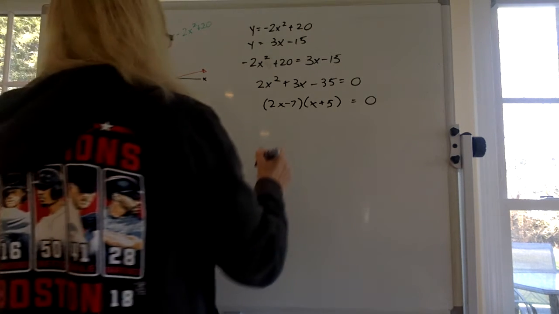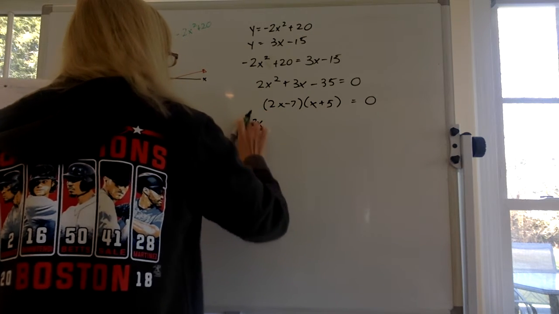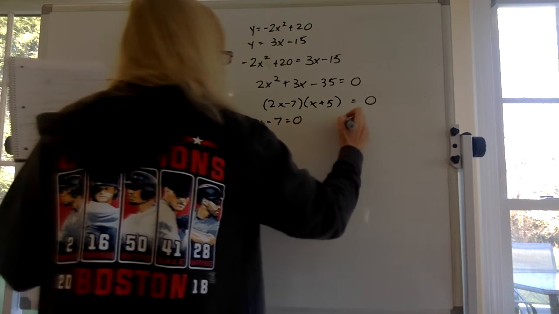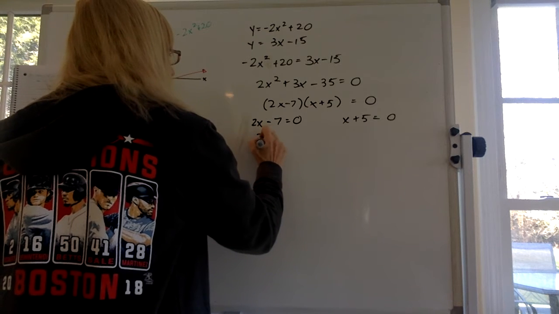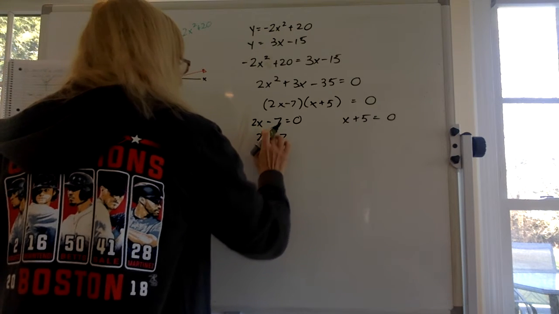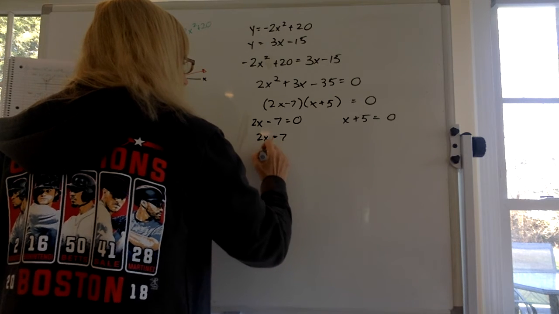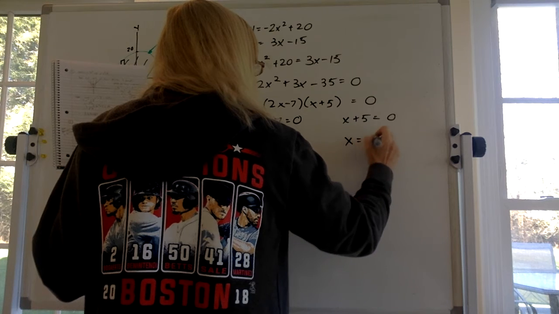And then you use the zero product rule where you set each one equal to 0, because either one of those factors could be 0. So this one you get 2x plus 7, 2x equals 7, sorry. So x is equal to 7 over 2, and this one, x is equal to negative 5.